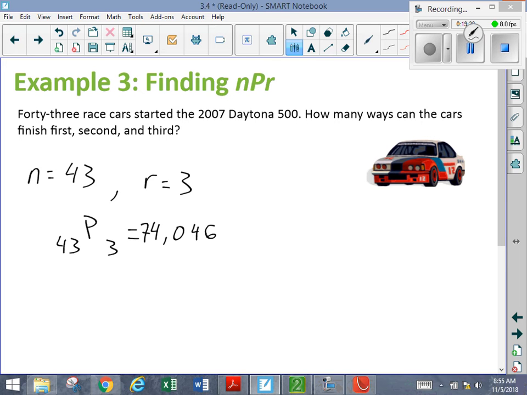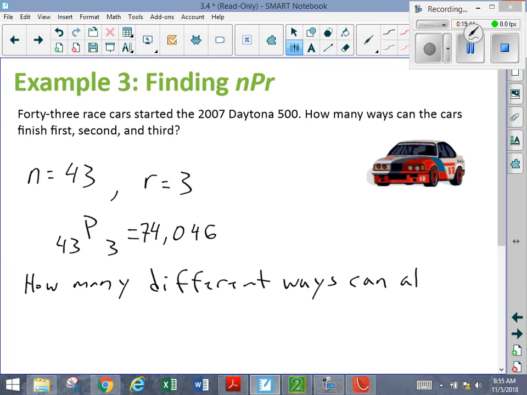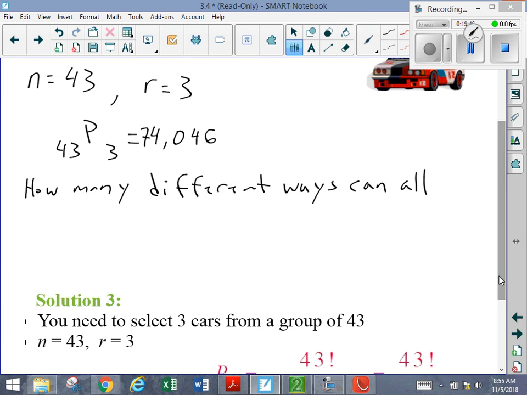I'm interested in just finding out, right? So what if we were asked how many different ways can you arrange all 43 cars? Let's answer that question real quick. I would like to compare the numbers. All 43 cars arranged.